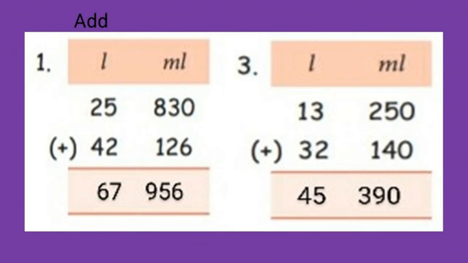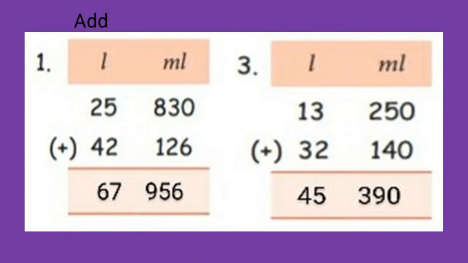Then we are going to calculate the numbers. 0 plus 6 is 6, 3 plus 2 is 5, 8 plus 1 is 9, 5 plus 2 is 7, 2 plus 4 is 6. So we can get the answer 67 liter and 956 milliliter.